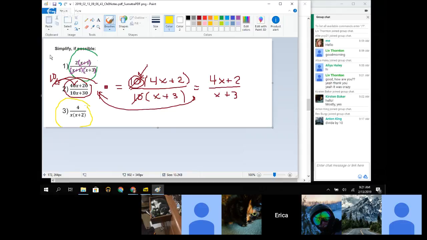This one's tricky because guess what? You can't simplify it. There's a 4 in the numerator, so there's really nothing that we can factor out in order to simplify the denominator. So sometimes you do get one that you can't simplify.